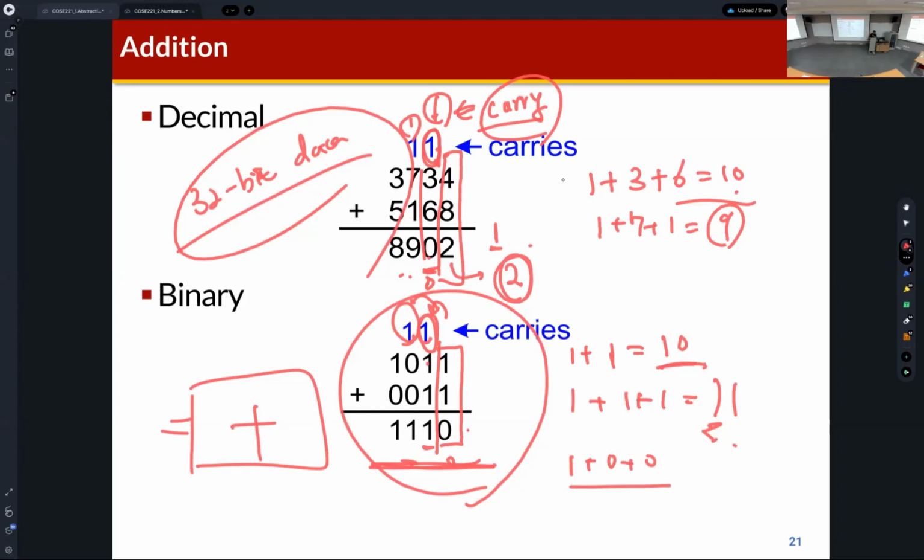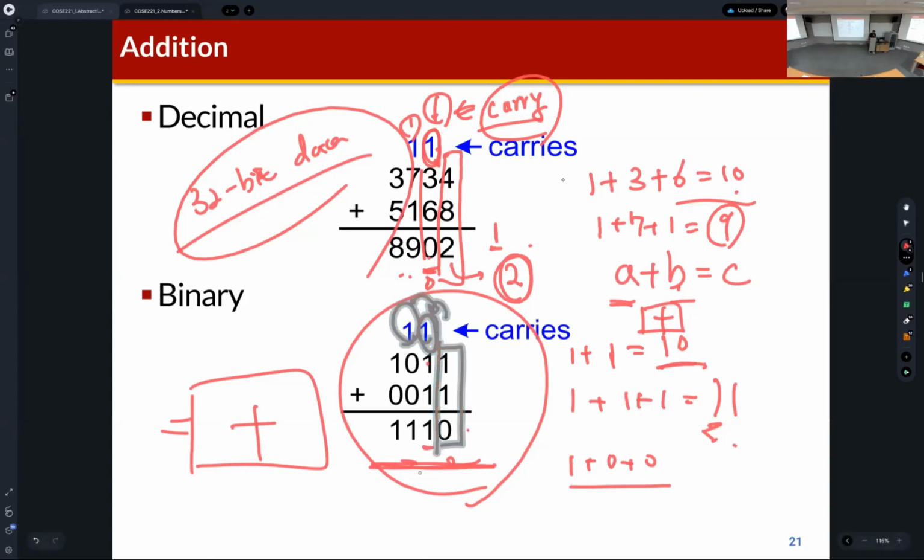So like A plus B, but these are 32-bit data, and then we calculate the result C. In order to support this operation, a processor needs to have a digital component that can perform 32-bit addition.